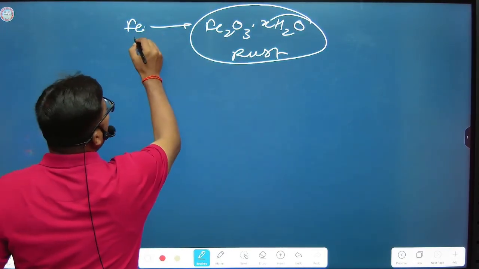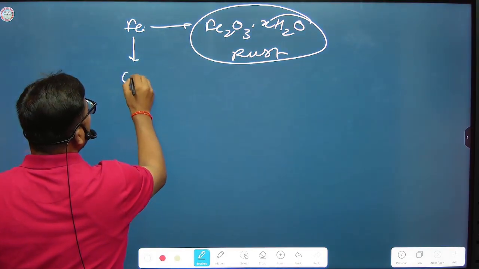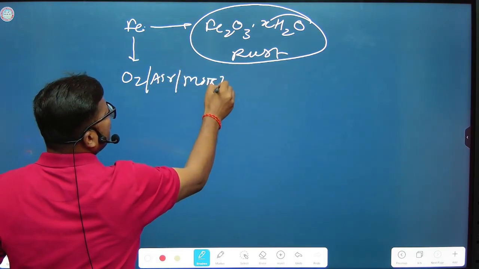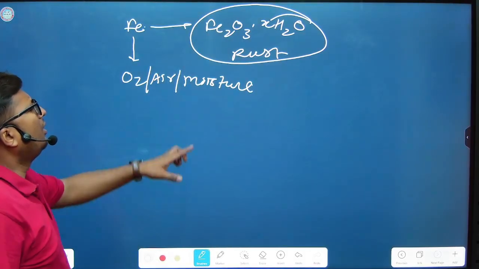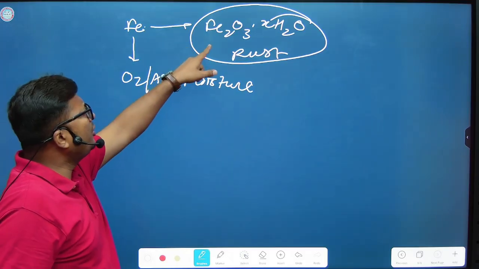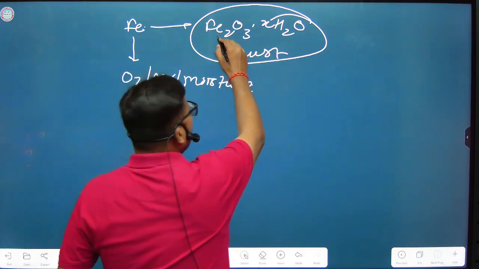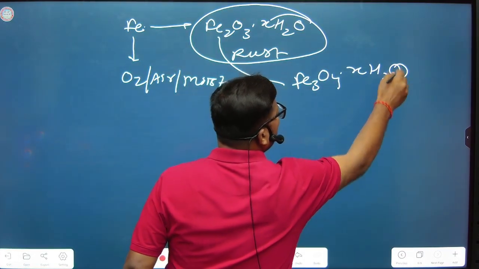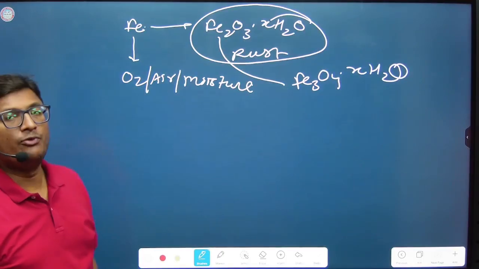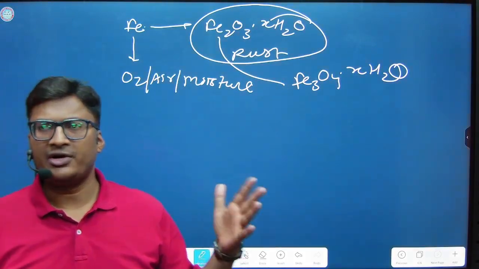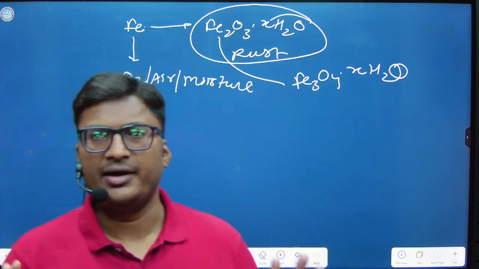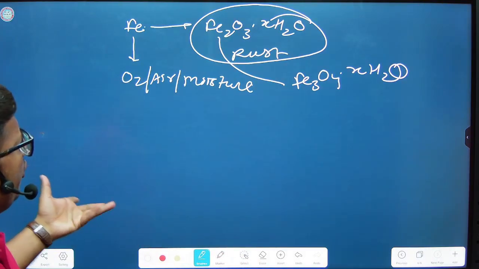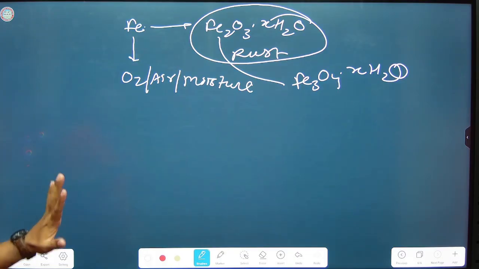So once this iron comes into contact with O2, air, moisture, it forms the composition Fe2O3 into X2O or Fe3O4 into X2O, right? So this is rust. So if you want to prevent the formation of rust on the surface of iron, then what process or techniques can be adopted to prevent this corrosion?